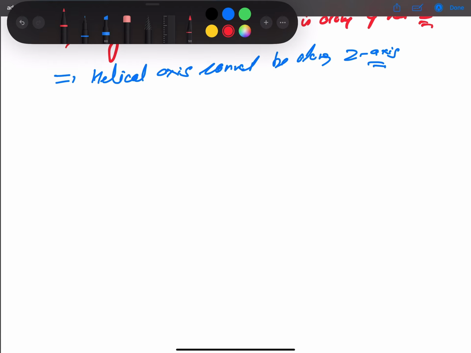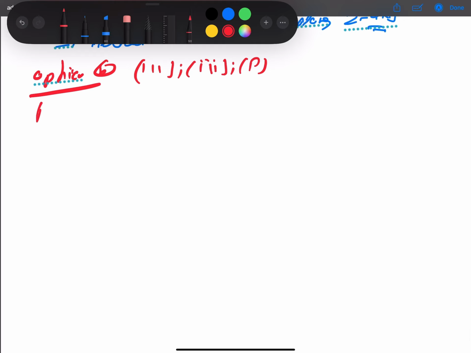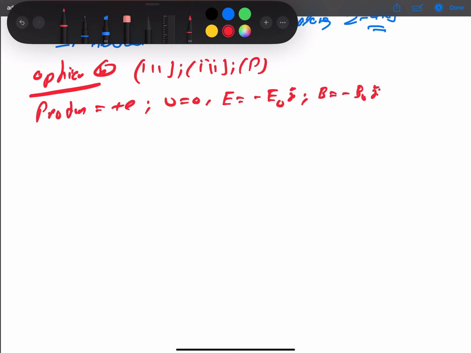Now we come to option B, and it says that third matches with third, and the alphabet is P. Here we have a proton, plus e, velocity is 0, electric field is minus E naught x unit vector, and magnetic field is B naught x unit vector.